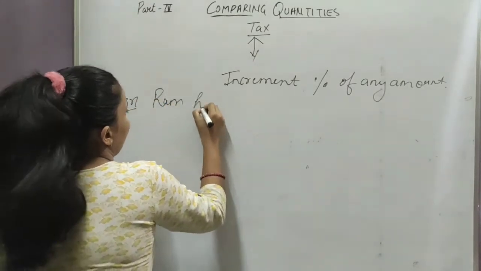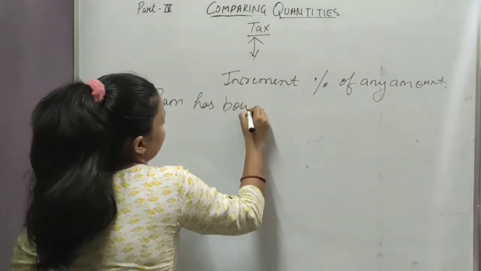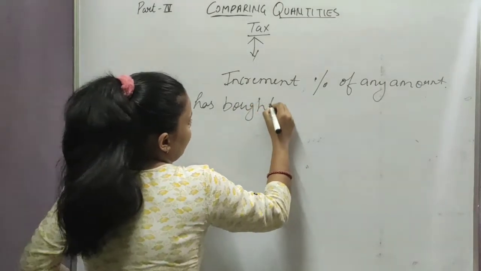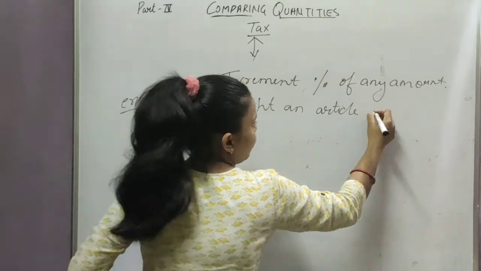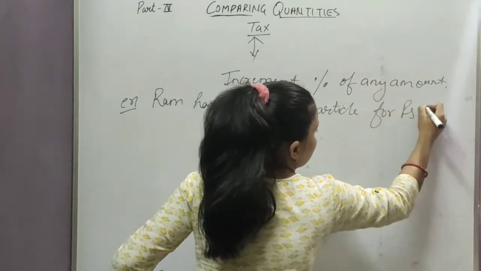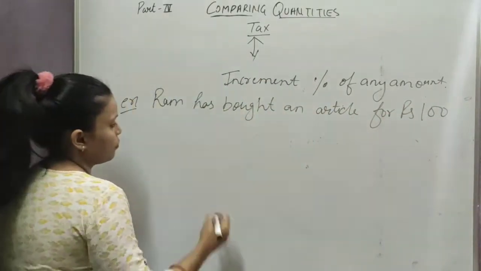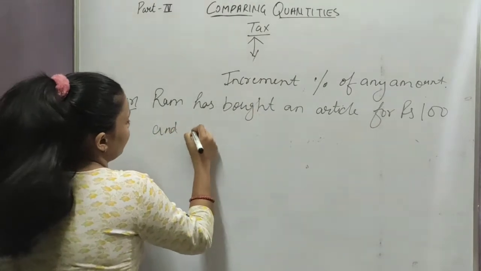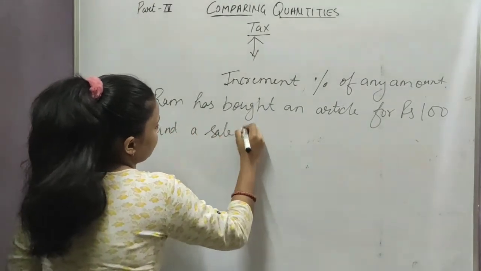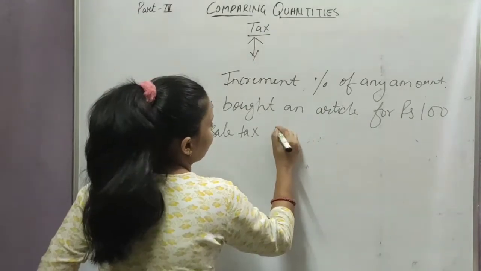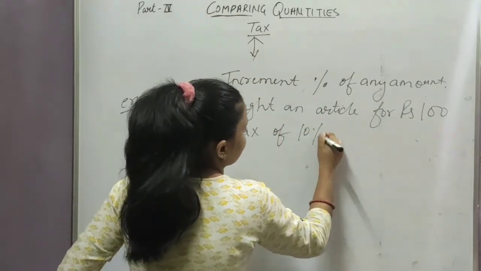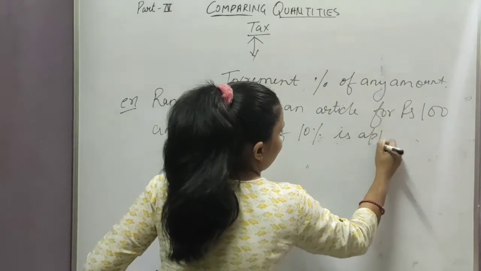Ram has bought an article for rupees 100 and a sale tax of 10% is applied on it.